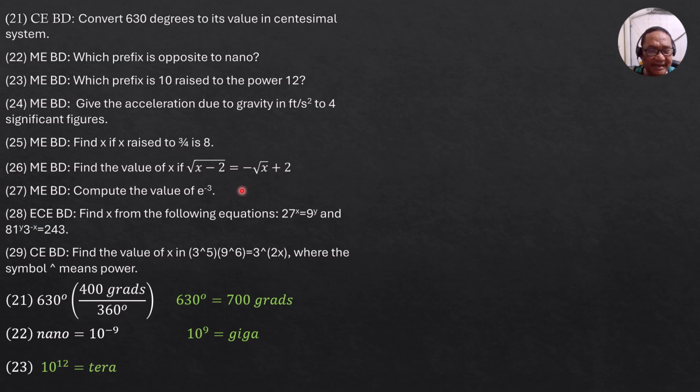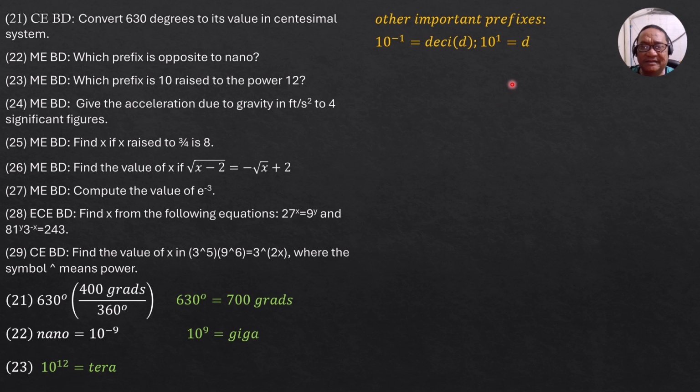So that's tera. Now, for other prefix names, we have here the other important prefixes. Let's begin with 10 to the negative 1, which is the deci, and it is abbreviated with small letter d. Then the opposite to that is 10 to the 1, which is deca, denoted by da.